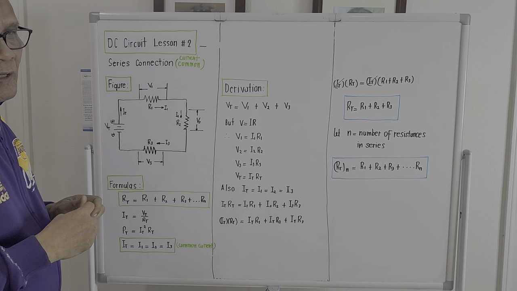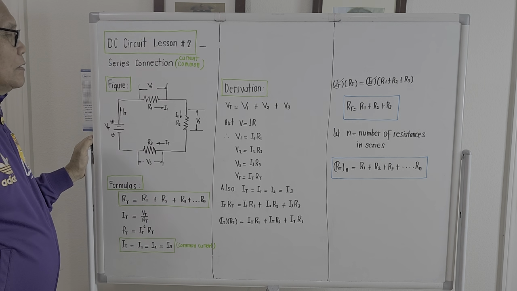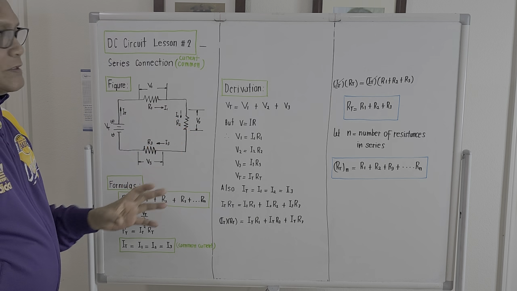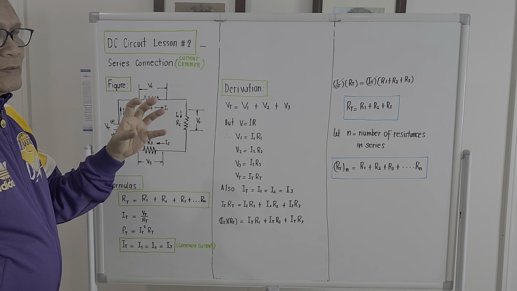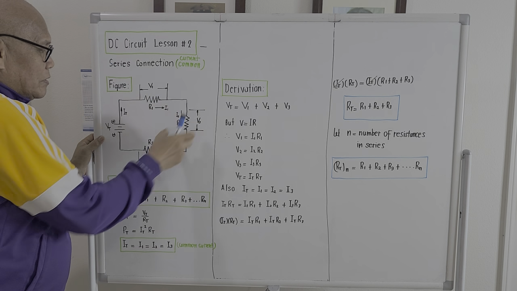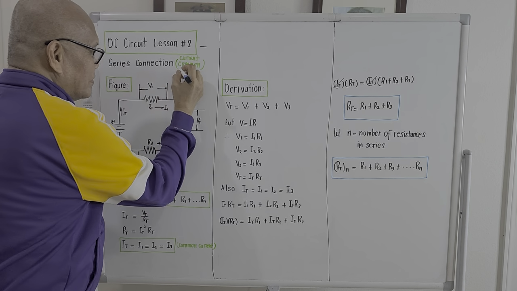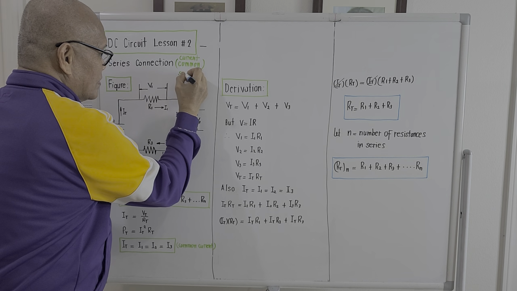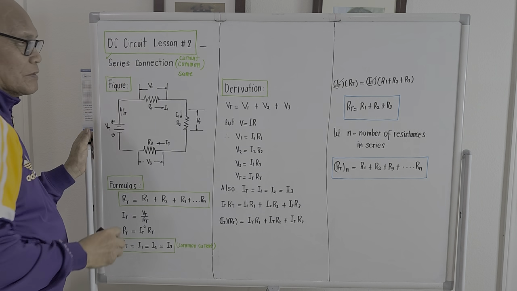So the marking of a series connection is that the current passing through all the resistive loads should be common, or the same, for it to fall under the so-called series connection.